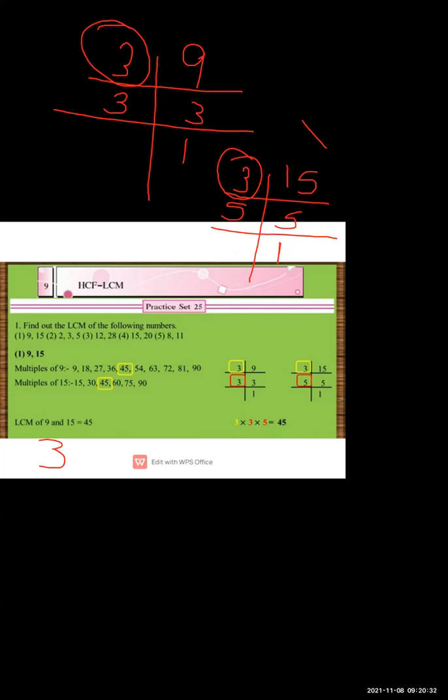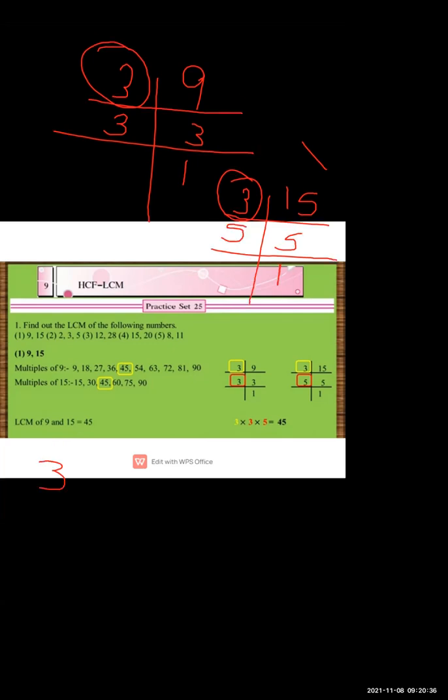यहाँ पर 3 और यहाँ पर 3. Both are common numbers, so we write it only one time. And the second 3 has no match, so we write it again, multiply by 3. Is 5 a common number? No, so we write again, multiply by 5.